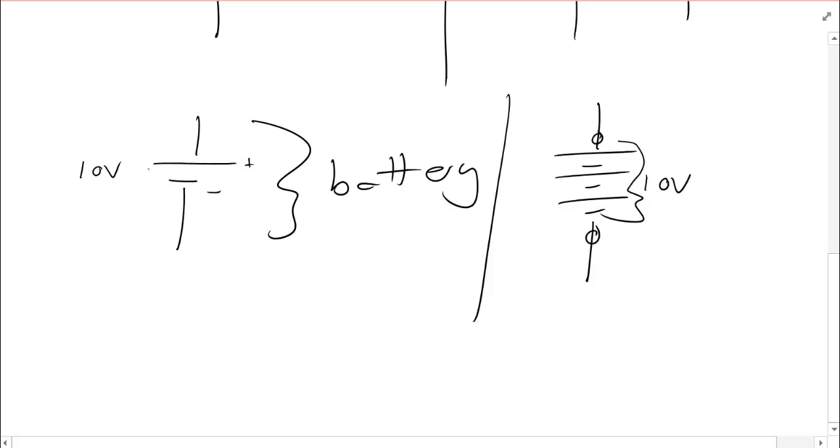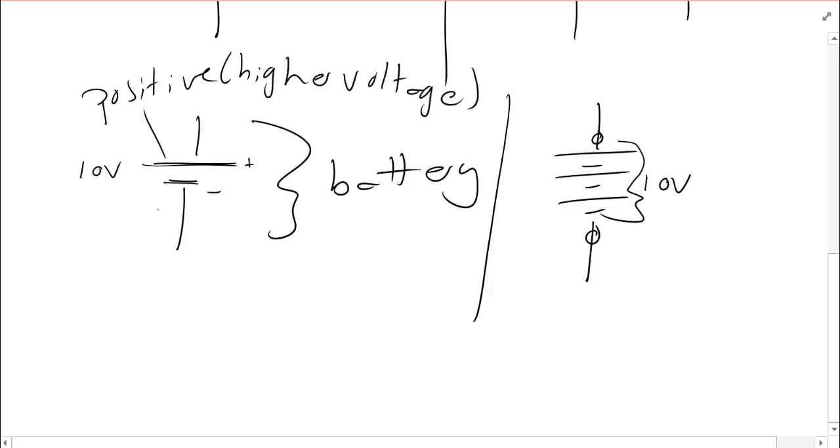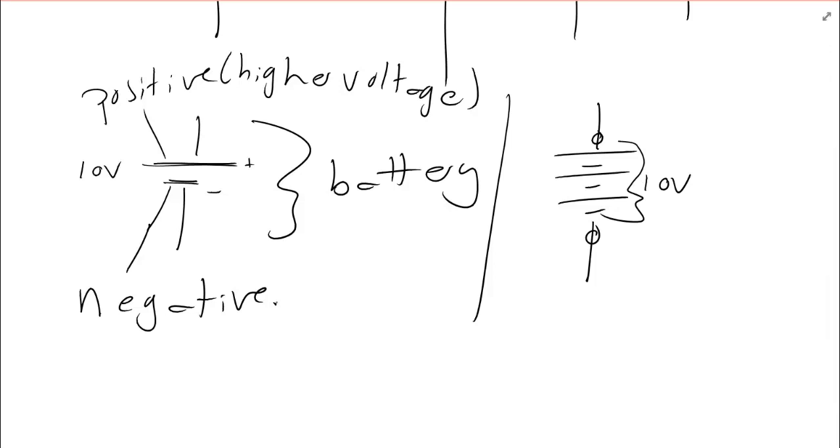Keep in mind, there are a long and a short line for this one. The long one represents positive, or higher voltage, and the short one negative. If you'd like a way to remember which one is which, just remember that the long one is positive and positive is good, so you want more of it.